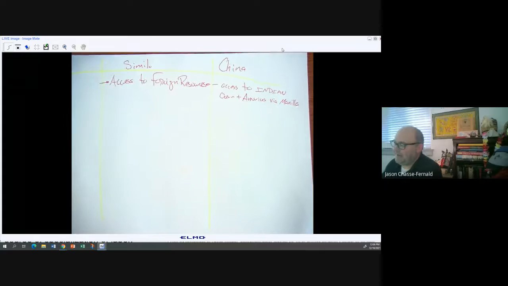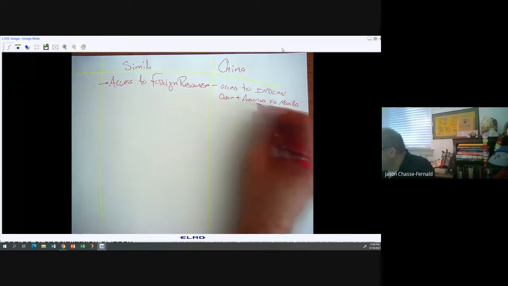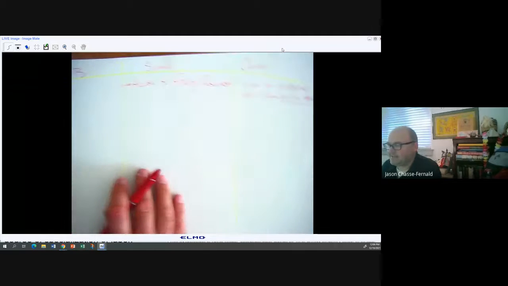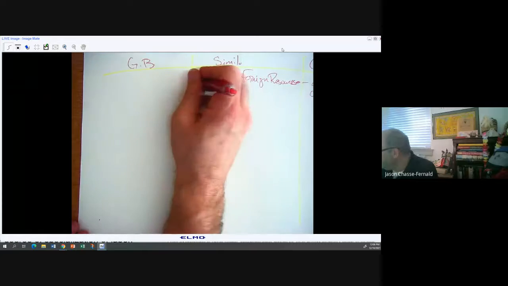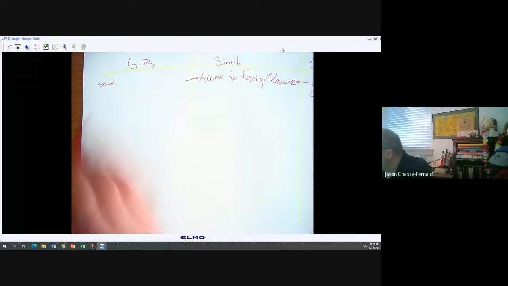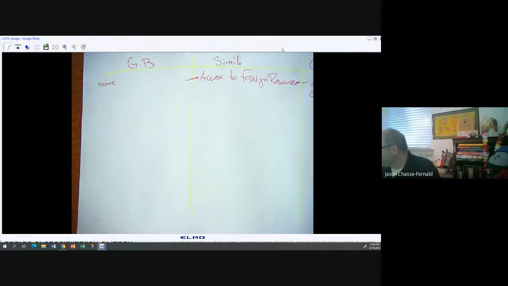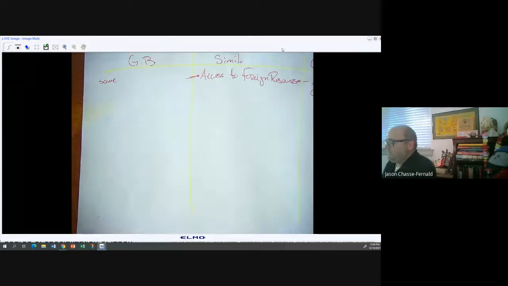Okay, the Spanish colony there in Manila. So they definitely would have had access to all of that, right? And the same is true with Great Britain, right? So I'm just going to write same, right? So access to foreign resources, right? All right, I probably shouldn't have done that in red because now I took that off the table. All right, the next one.